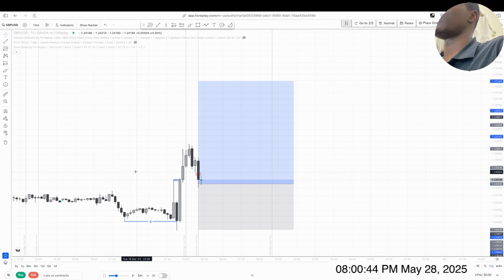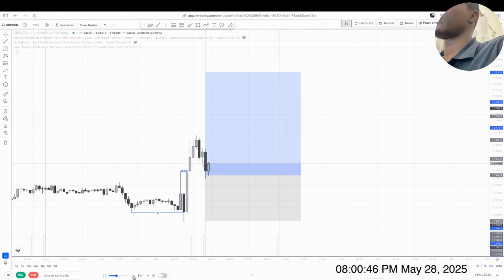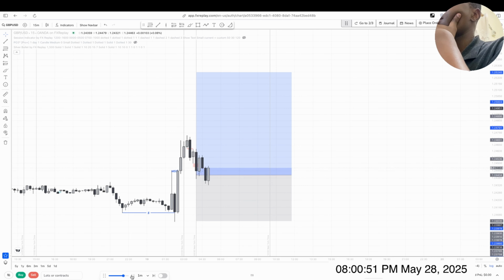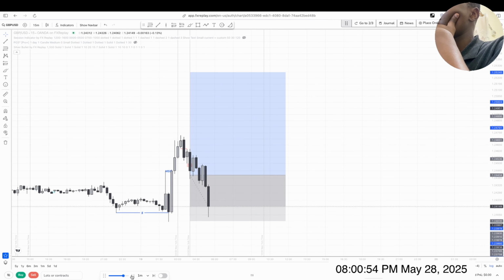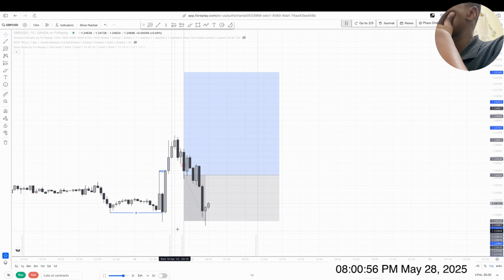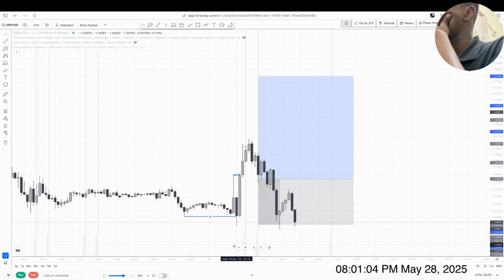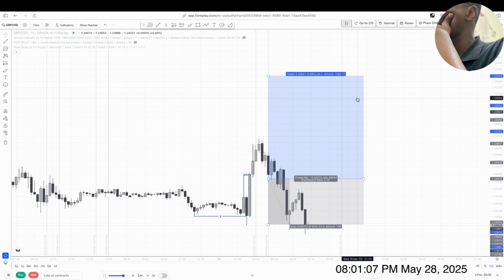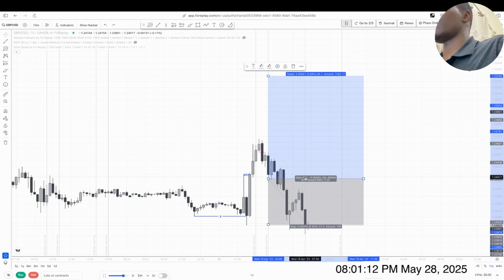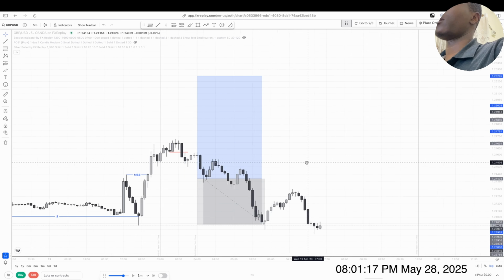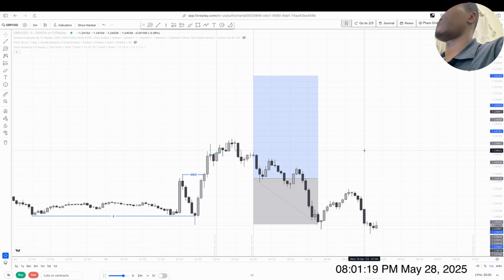So let's see what happens here. So we end up hitting stop loss. Crazy one. We end up hitting stop loss on the 5-minute. Not far from the truth.